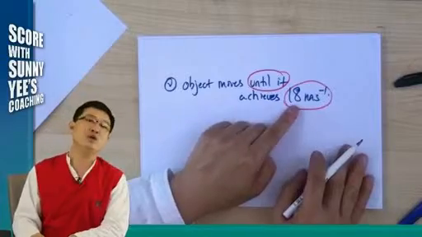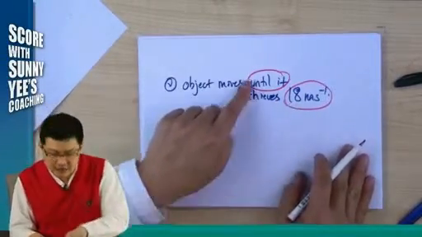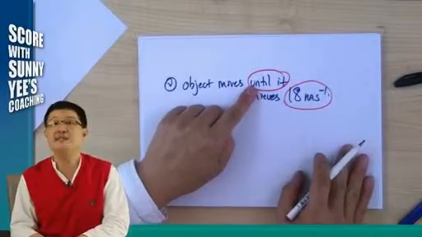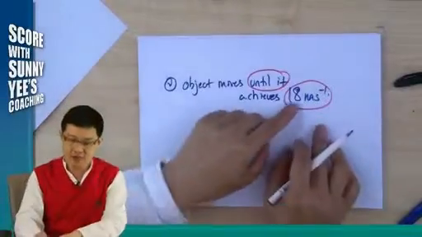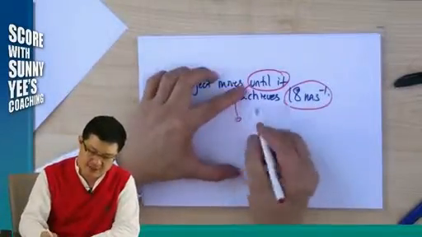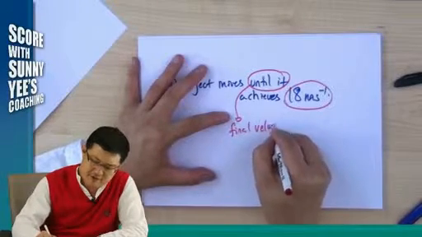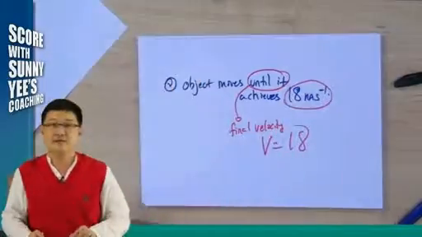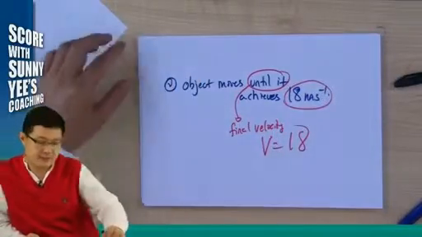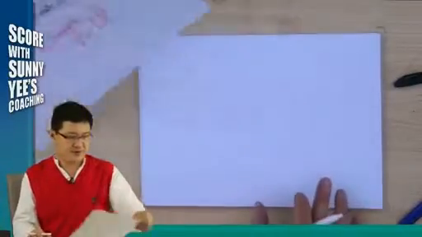Whether this is the initial velocity or the final velocity comes from the keyword until, because it moved until it achieved this. So the word until is referring to the final velocity. That means my V is 18. Can you follow? These are all the keywords when you read the problem questions.